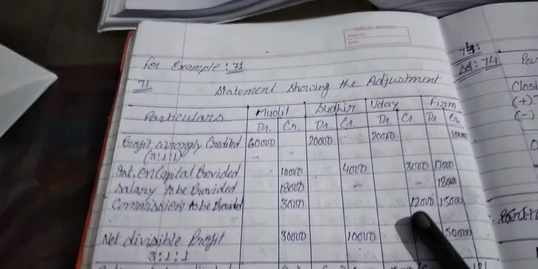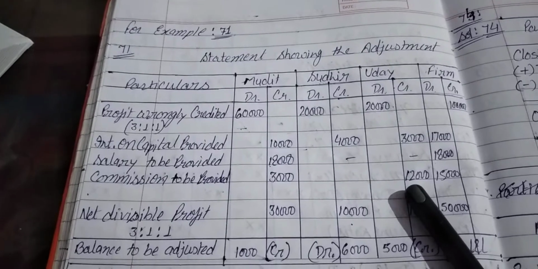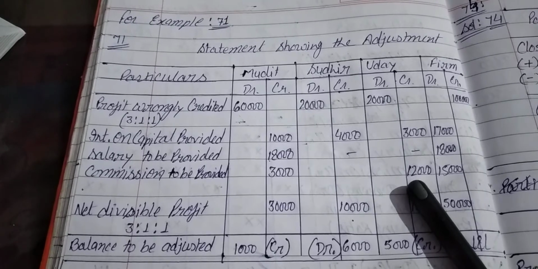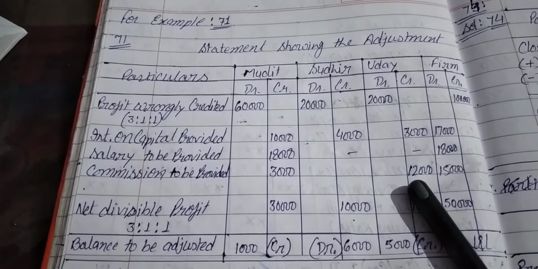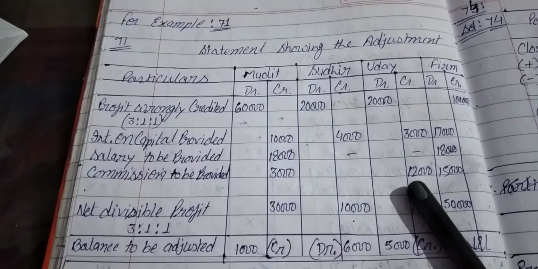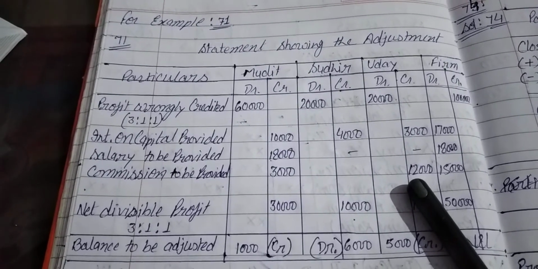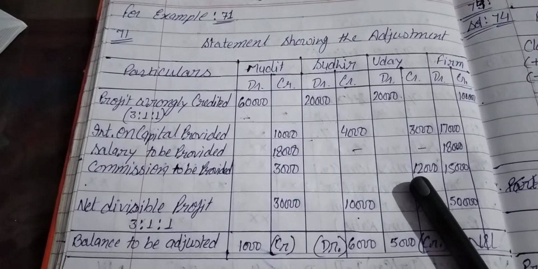So firstly we have to calculate net divisible profit, that is 1 lakh minus total of interest on capital minus salary minus Uday's commission. So 1 lakh minus 17,000 minus 18,000 minus 12,000 is equal to 53,000.